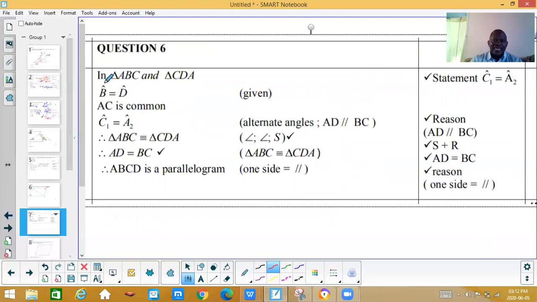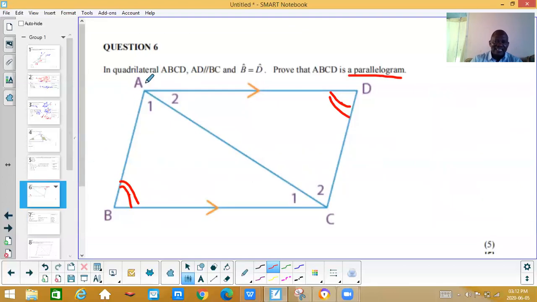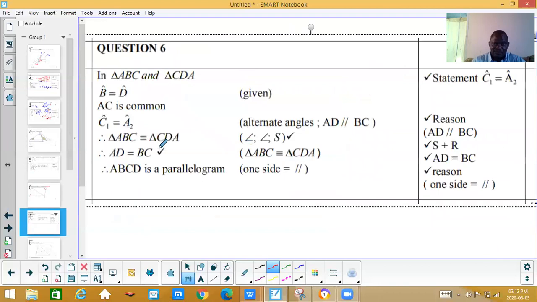Now, we have triangle ABC and triangle ADC.